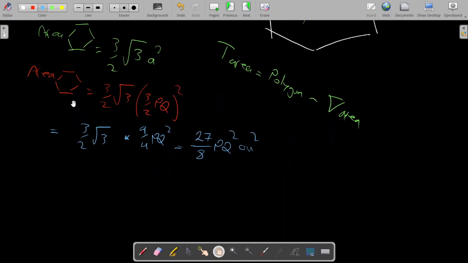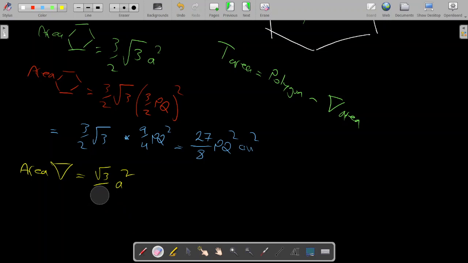Now let's go to the area of the triangle. Area of that flipped triangle. We said that the rule saying that is going to be equal to square root of 3 over 4 a square, and this is 4.